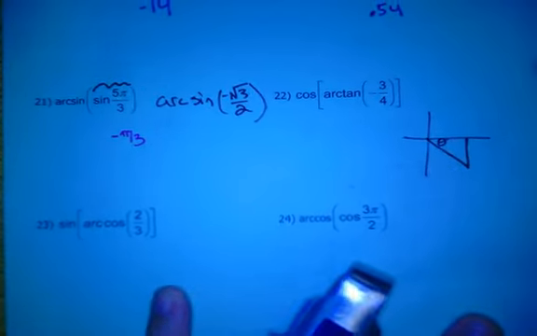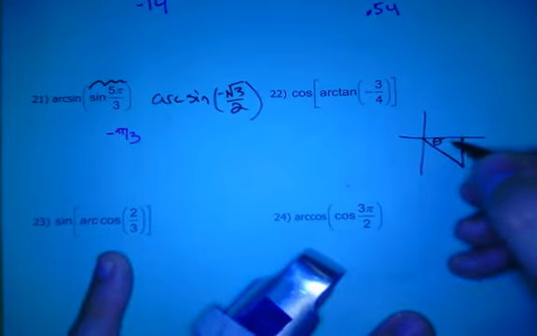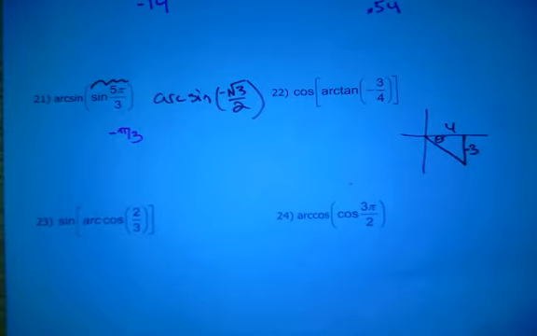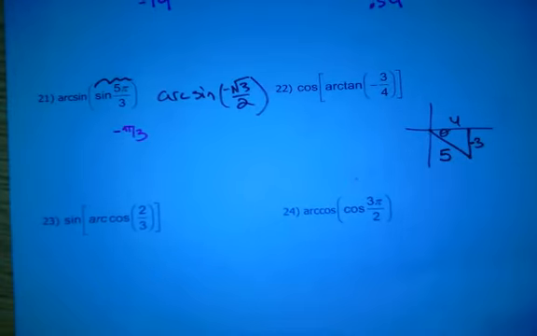There's theta. So if this is arctan, what sides are what? The x value is 4 and the y value is negative 3. So opposite over adjacent. This is clearly a negative right down there. This is a Pythagorean triple. So what's the hypotenuse? 5.